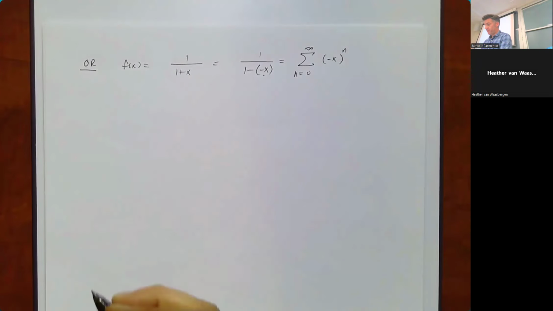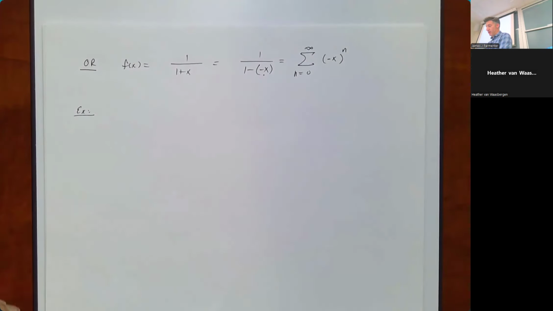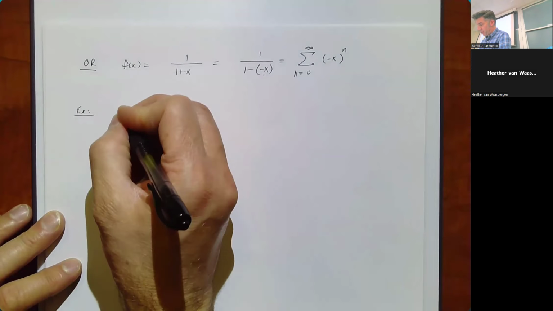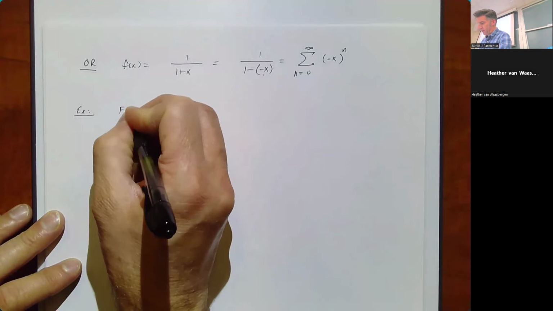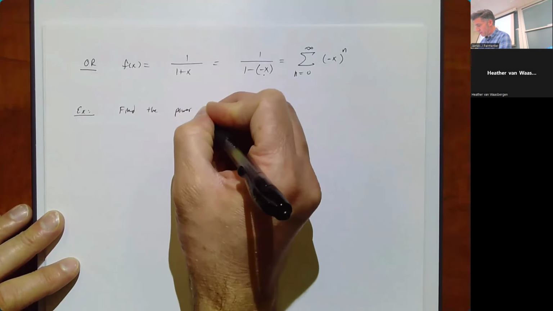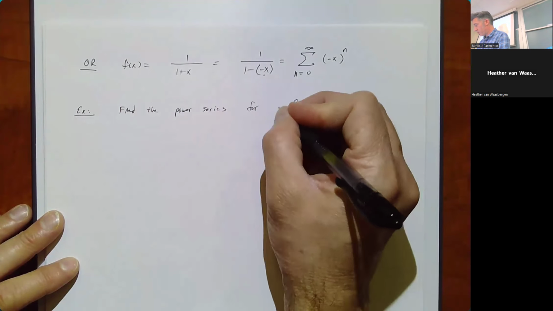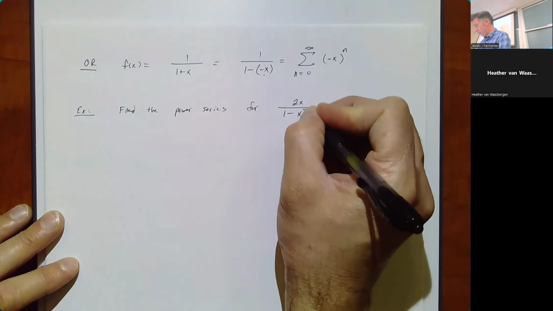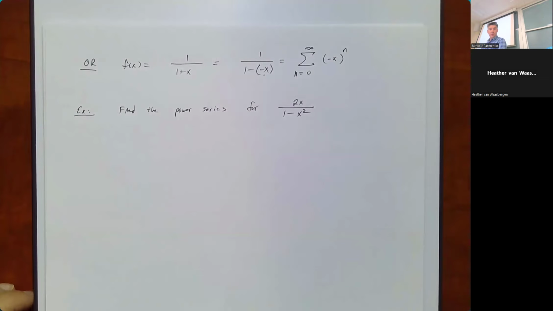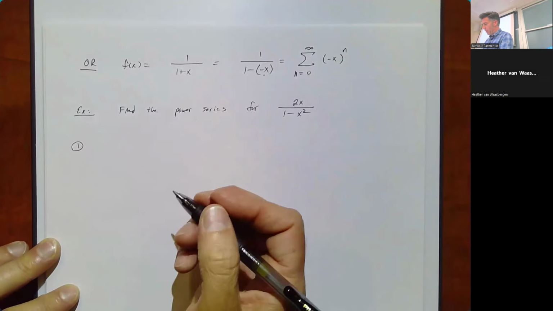For example, if we wanted to find, say, sorry, I figured I have to write the words here. So we want to find the power series for 2x over 1 minus x squared. Well, there's two things I'm going to do. I don't want to write the 2x here.